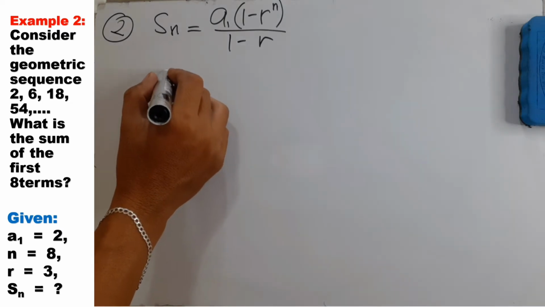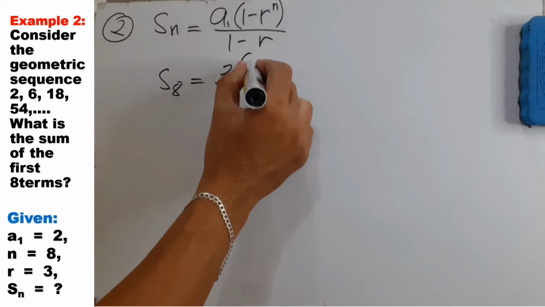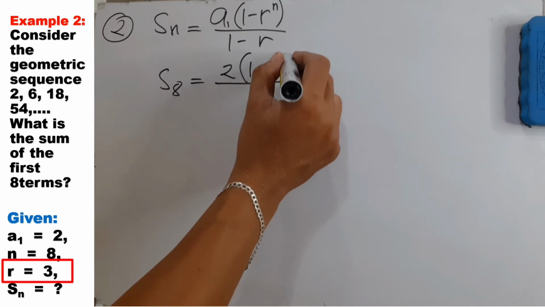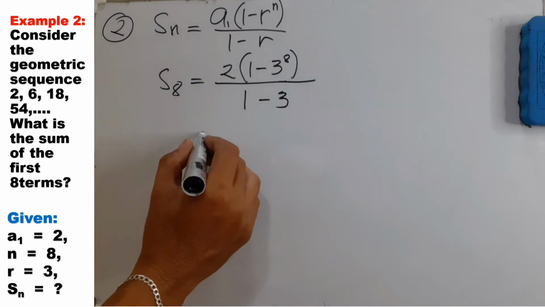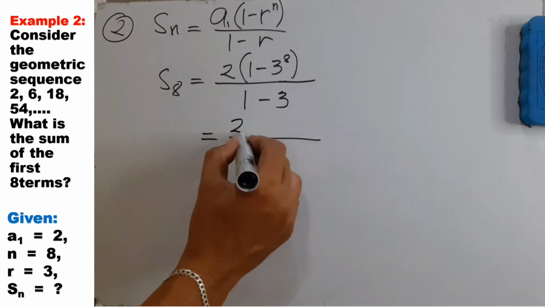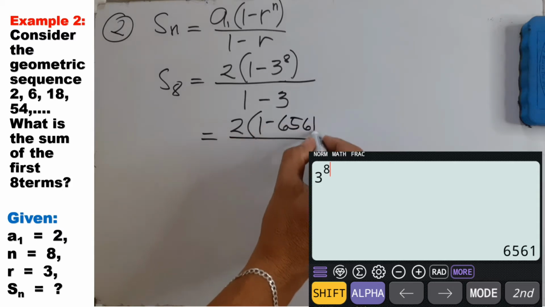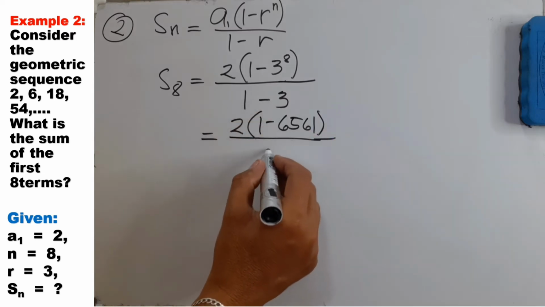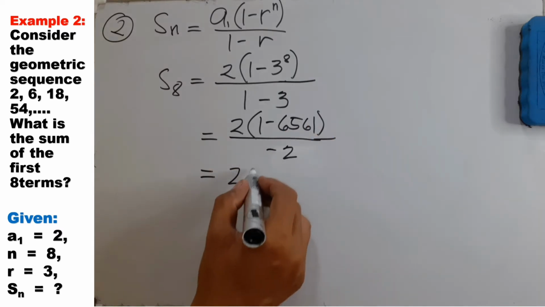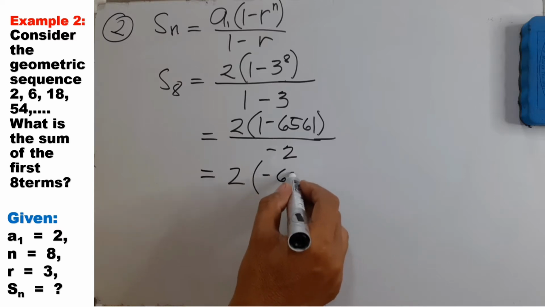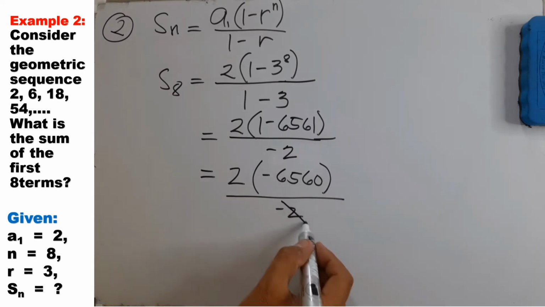By substitution, we have S sub 8 equals a sub 1 is 2, 1 minus r is 3 to the 8 all over 1 minus 3, equals 2, 1 minus 3 to the 8, which is 6,561, all over 1 minus 3 is negative 2. 2, 1 minus 6561 is equal to negative 6560 all over negative 2. 2 is cancelled.